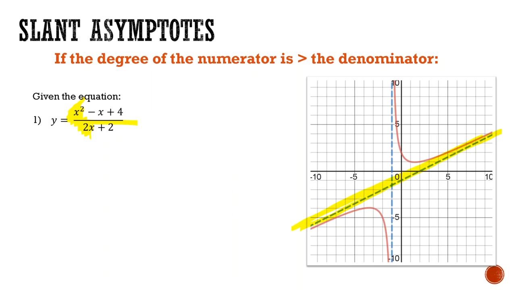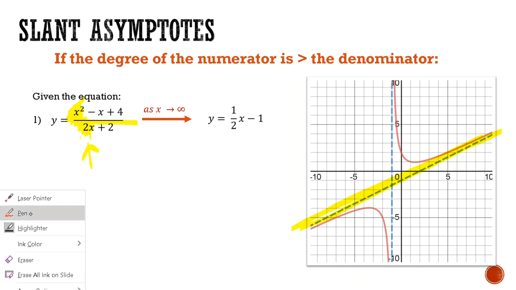In this case, when I go to look at those leading coefficients, right, as x gets really big, I can focus on the leading coefficients here, and I get 1/2 x minus 1. You're probably going, well, how the heck did you get that? So let me go back one here.